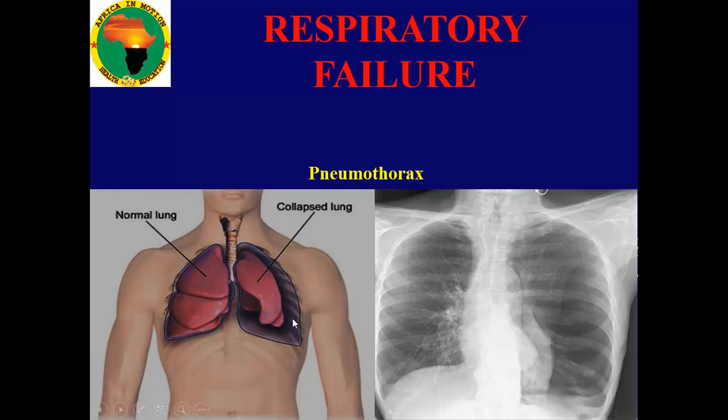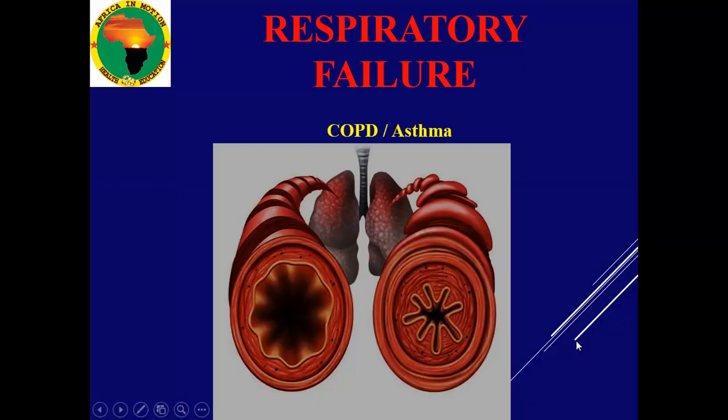Then the air might enter here. Once the air enters here, the lung will be compressed, then it will cause respiratory failure because the patient cannot breathe. You can see this lung is fine on the left side, but on the right, you can see that the lung has collapsed. This is air outside the lung. You can see that, okay?